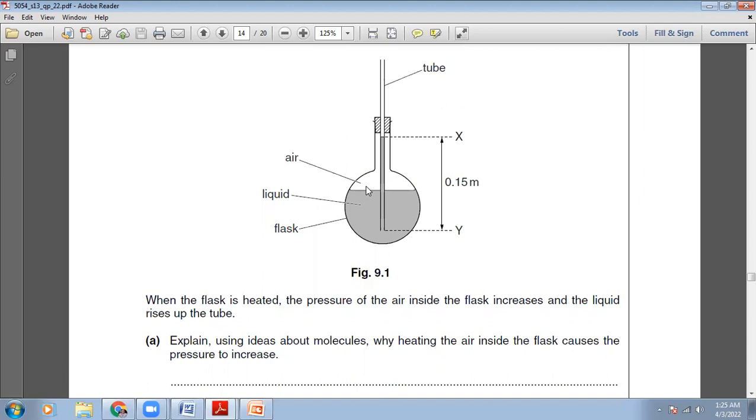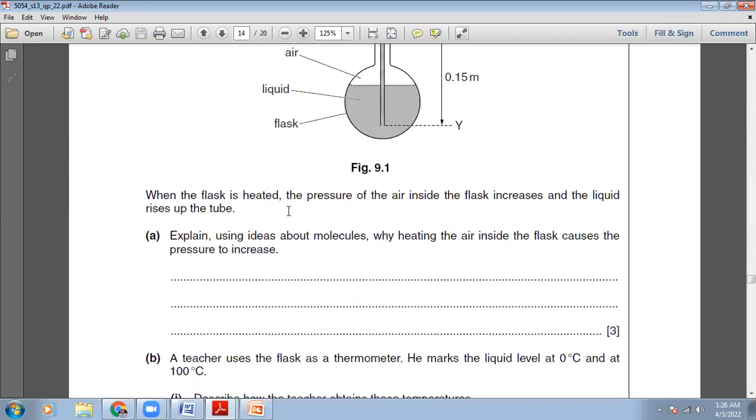They will move fast, so their collision frequency with the surface of the liquid will increase. Because they have more kinetic energy, when they collide with the surface of the liquid, they will exert a larger force. So due to the increase in the collision frequency and the larger kinetic energy, the pressure of the air in the flask will increase.